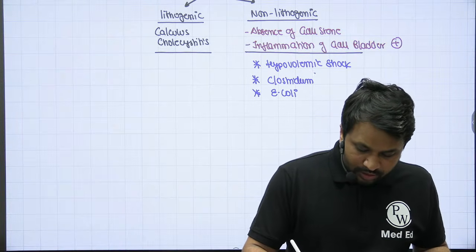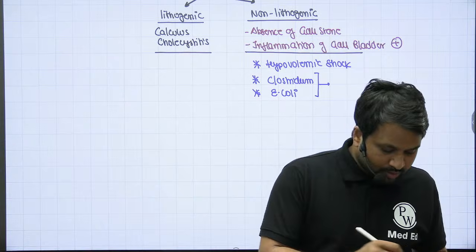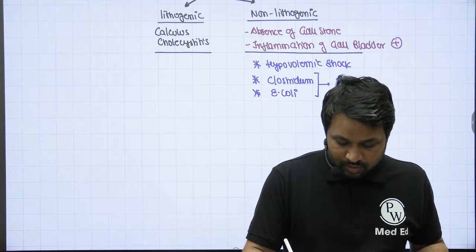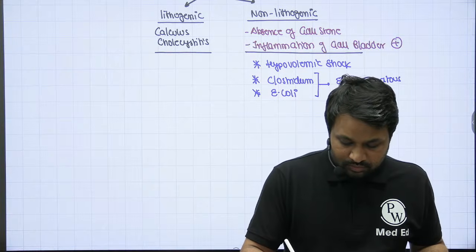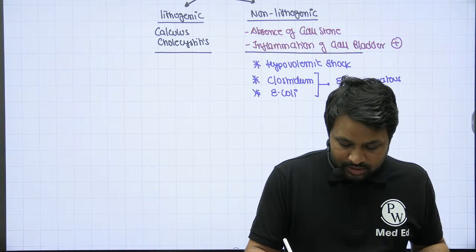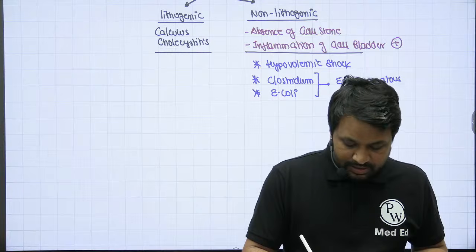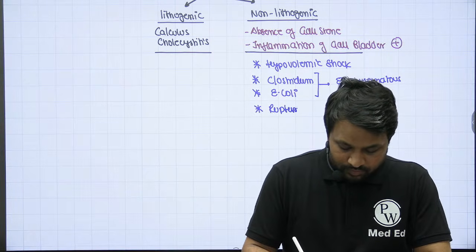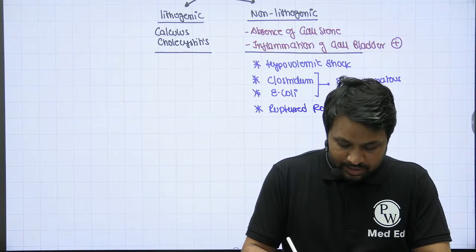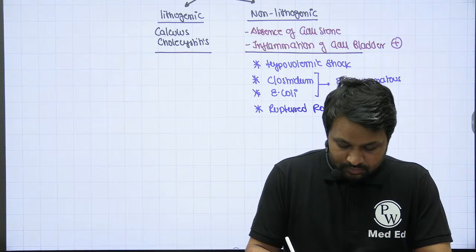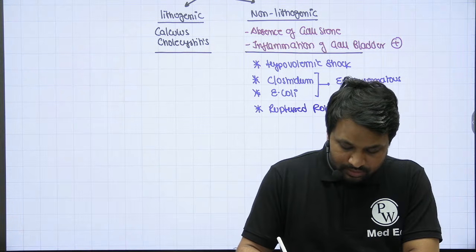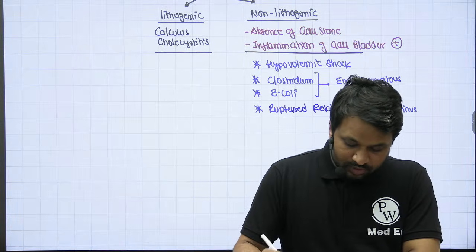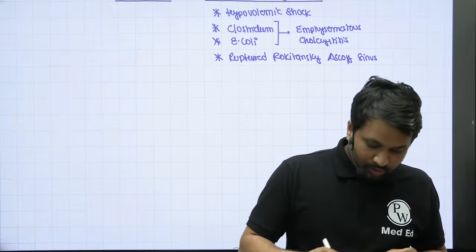When Clostridium and E. coli cause inflammation of the gallbladder, it is what we call emphysematous cholecystitis. It can also be seen secondary to ruptured Rokitansky-Aschoff sinus, and this is what we call xanthogranulomatous cholecystitis.